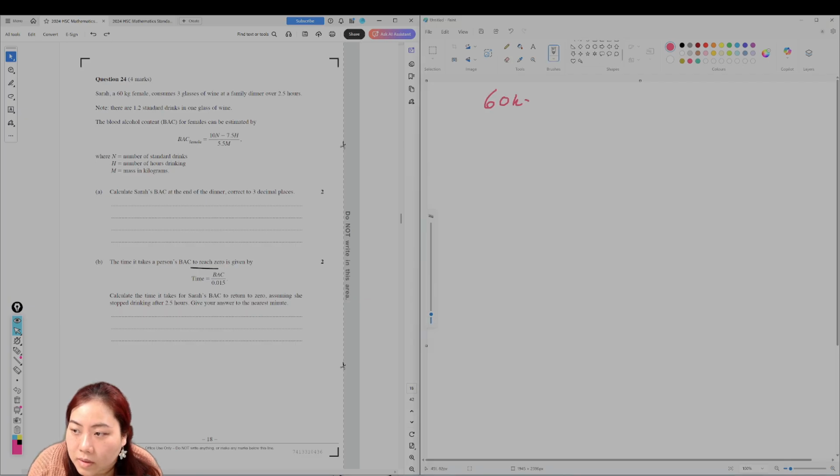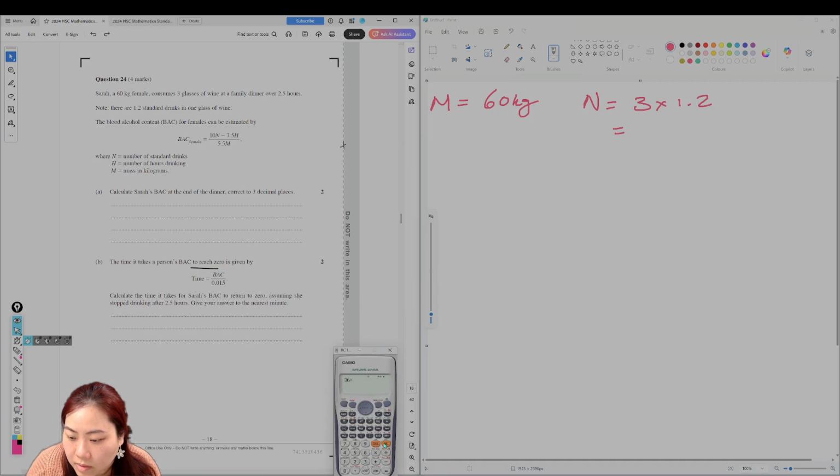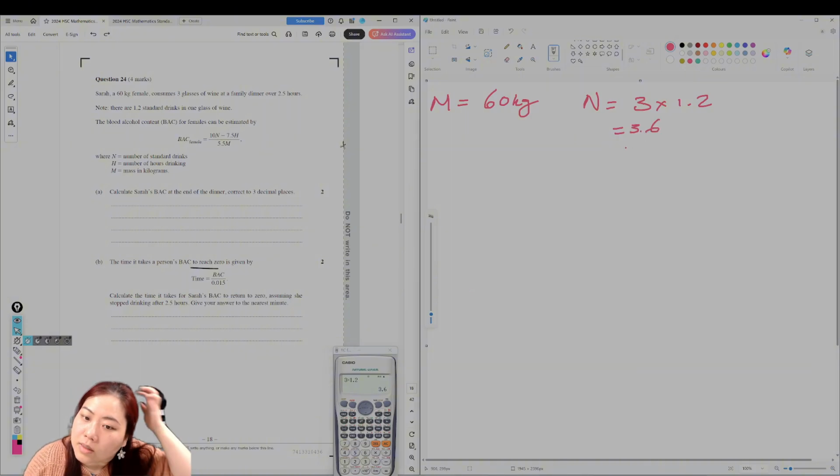60 kilograms, that's the mass. We have how many standard drinks? 3 times 1.2, which is 3.6 standard drinks. And then the number of hours since, over 2.5 hours, so H is 2.5.